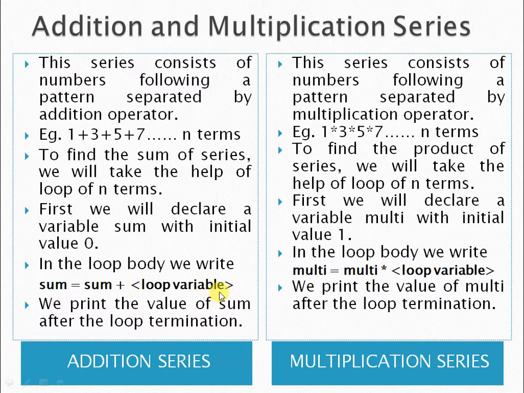So after completing all the steps, you will count the number of coins in your bag. So it will give you the final amount. Okay. So I think this example will make it clear how this addition and multiplication series work. It will be more clear when we discuss the examples.